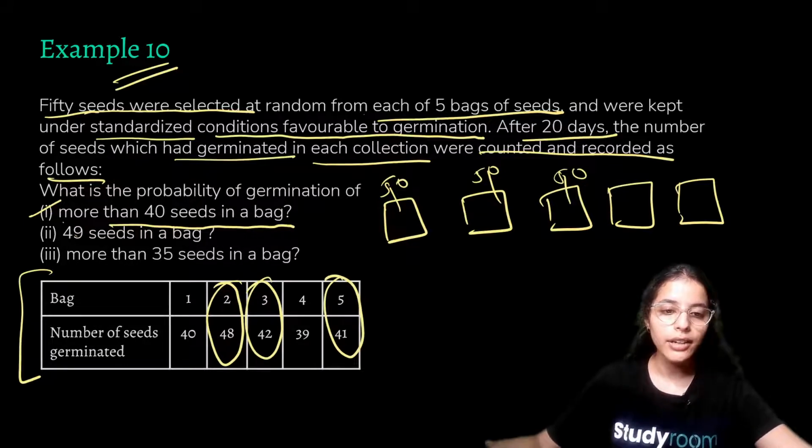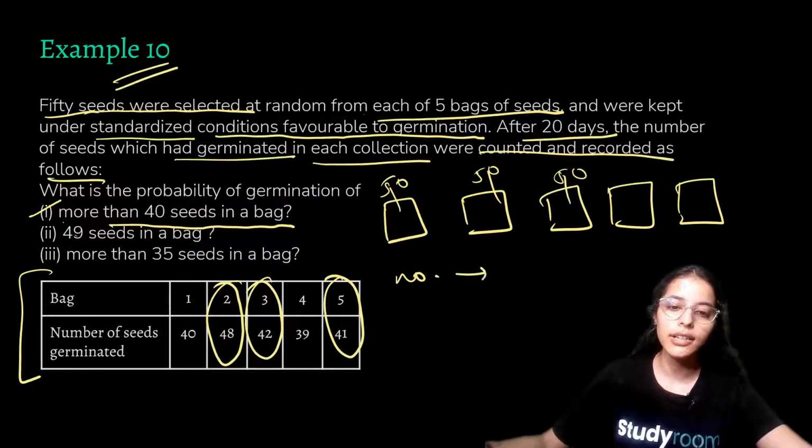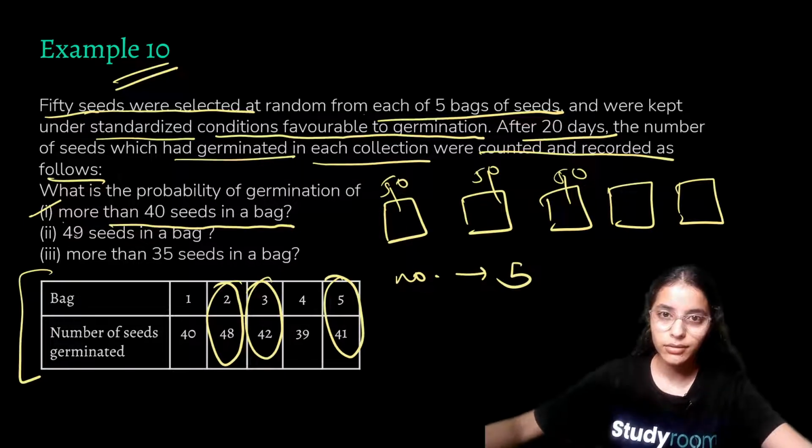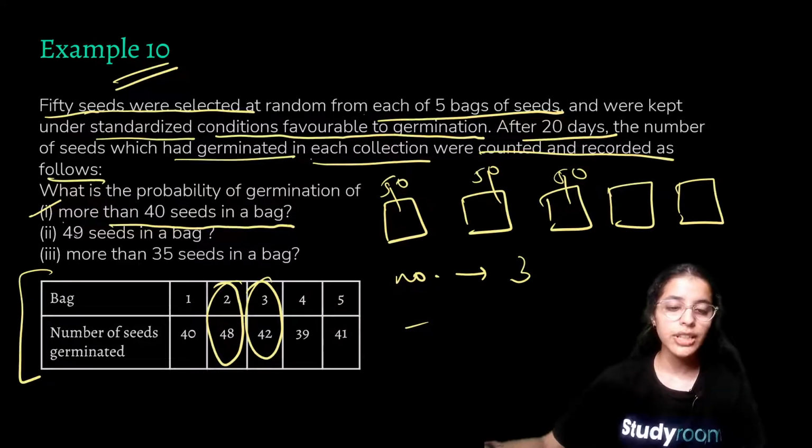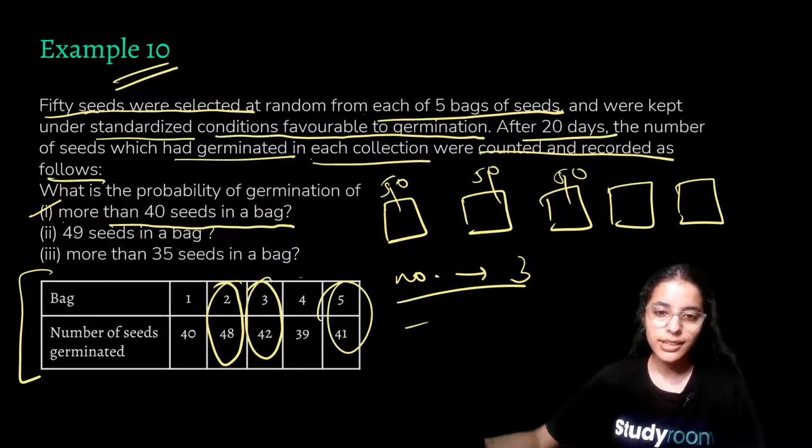So the number of times the event has occurred is 3, right?